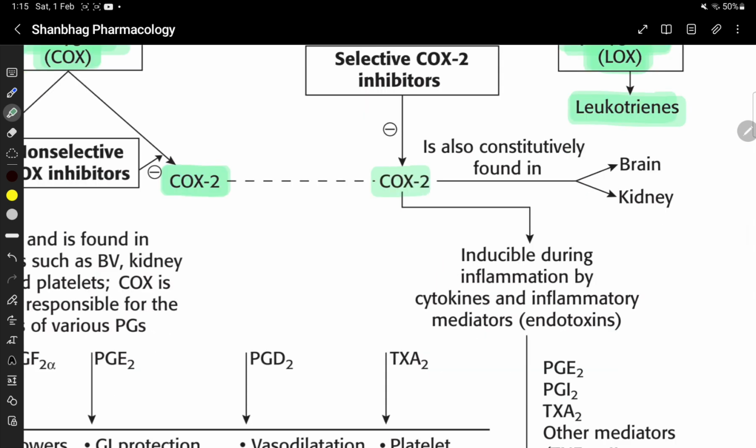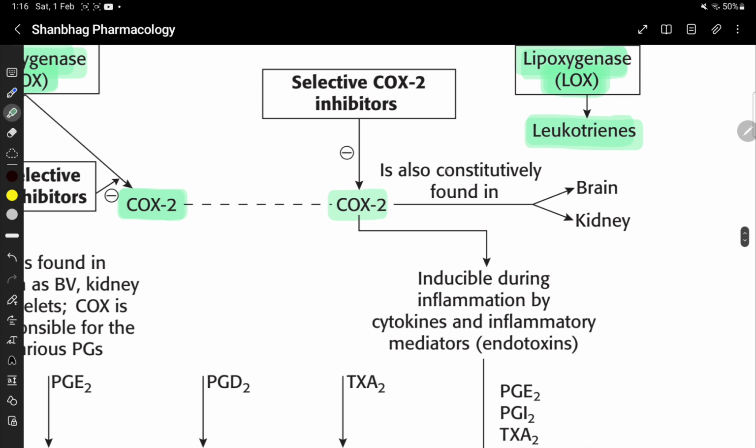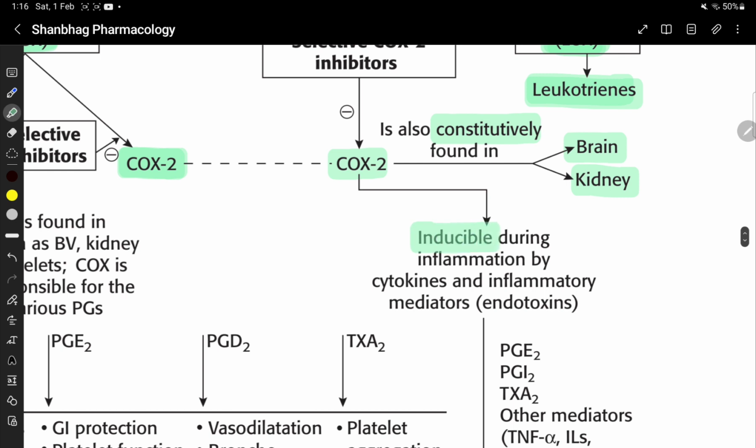COX-2 is also found constitutively in brain and kidney. It is induced during inflammation by cytokines and inflammatory mediators like endotoxin.